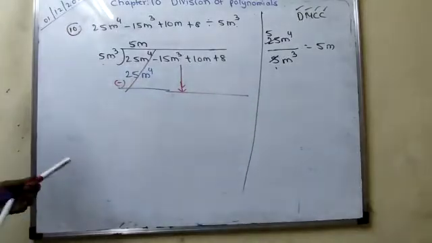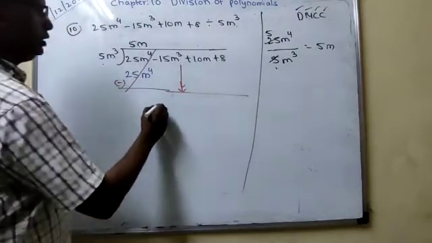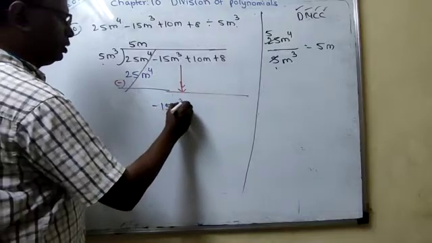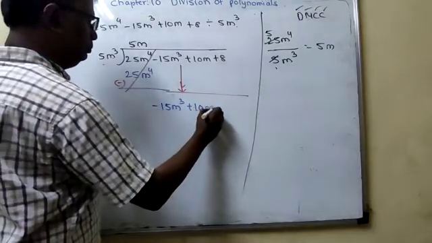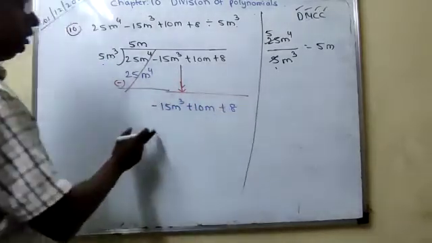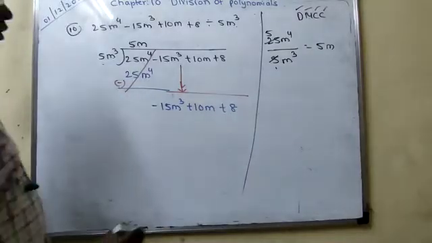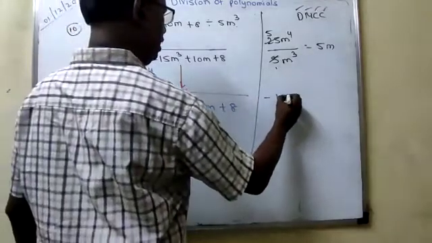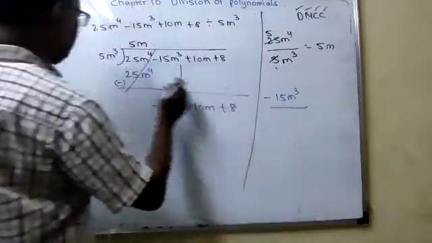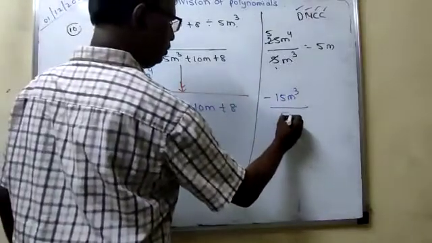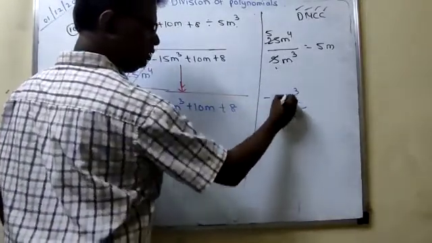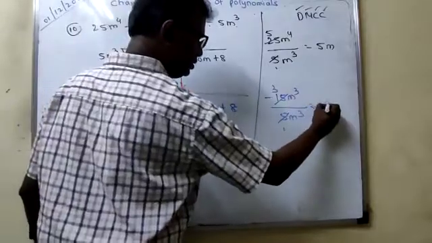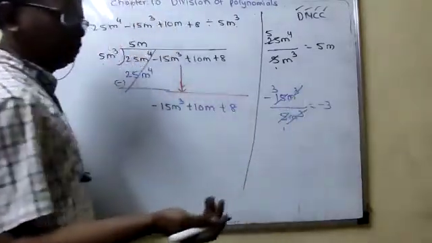Take all the terms down. What terms can you take down? Minus 15m cube plus 10m plus 8. Once again, first term divided by the first term. That is minus 15m cube divided by 5m cube. 5 threes are 15, so that is minus 3. m cube gets cancelled. Nothing is there.